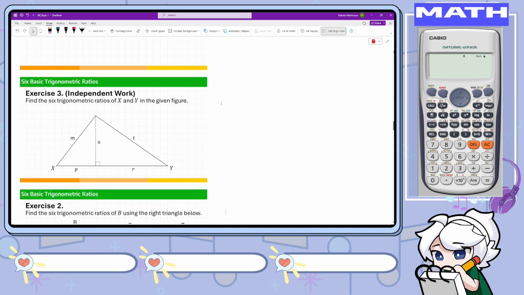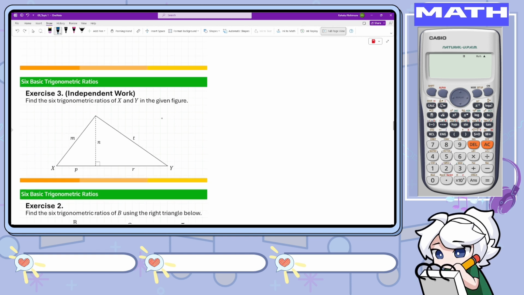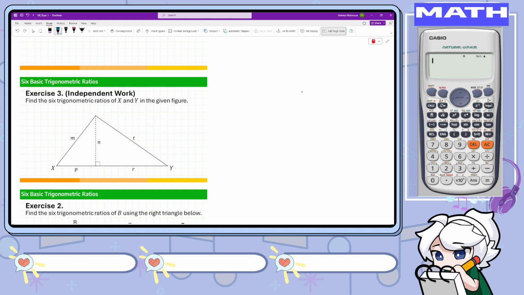Moving on to other examples that do not have an answer. Let me verify some of these here so that you can still work on this on your own. Let's answer this. Particularly, let's focus on y, and we want to solve for cotangent y. Pause the video if you want to answer this yourself.